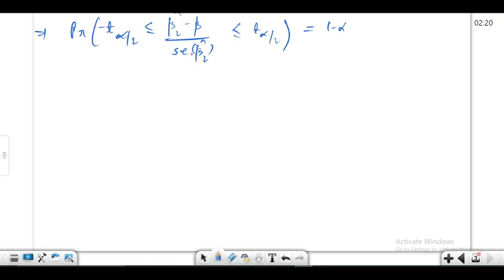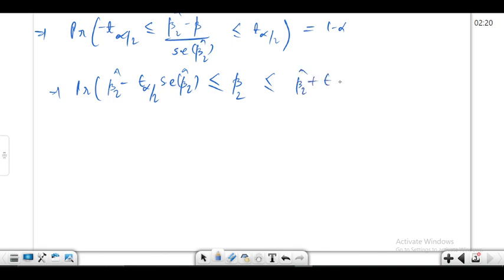So if I rearrange this whole thing, I get something like this: probability that beta 2 hat minus t alpha by 2 into standard error of beta 2 hat, less than beta 2, less than beta 2 hat plus t alpha by 2 standard error of beta 2 hat.